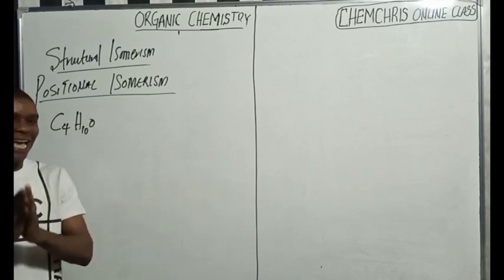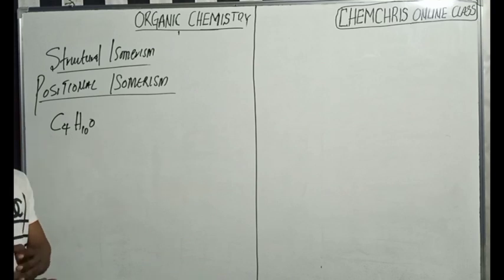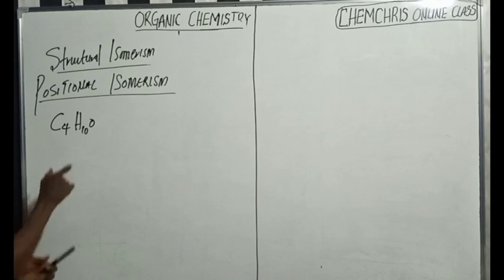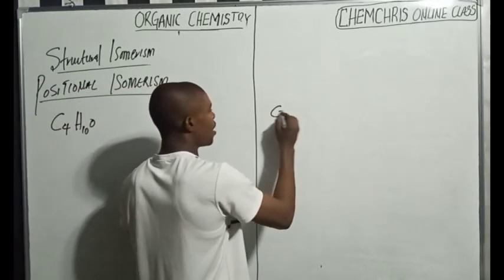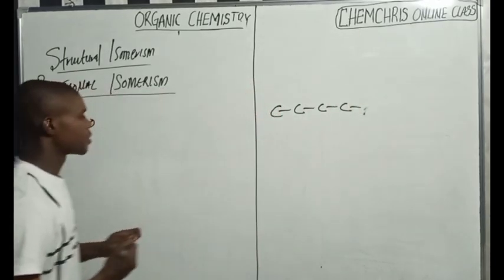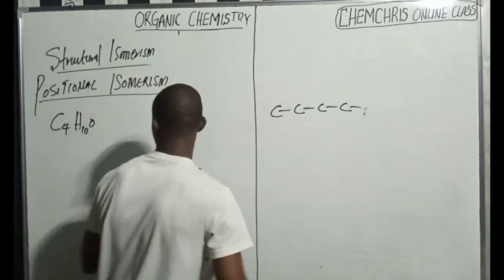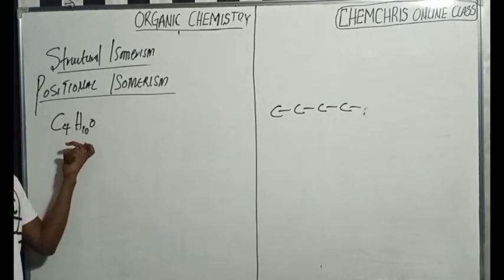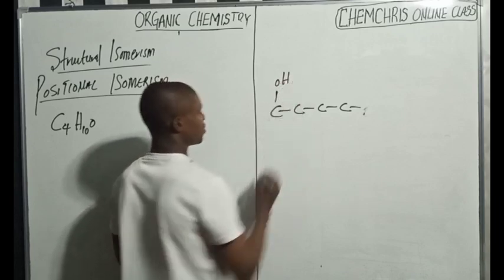Now let's get positional isomerism from here. How do we get positional isomerism? First of all, we can get an alcohol from here. Remember here we have 1, 2, 3, 4 carbons, right? It has 4 carbon atoms, 10 hydrogen and 1 oxygen. Now look at this one, our OH.